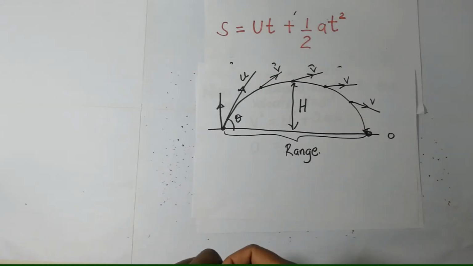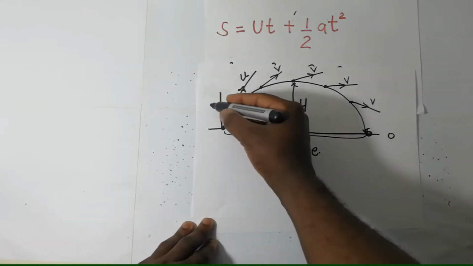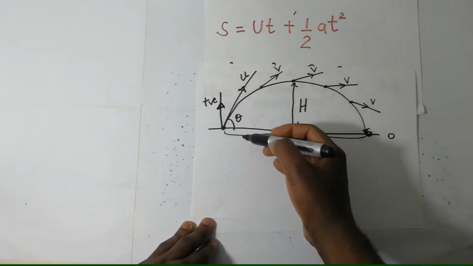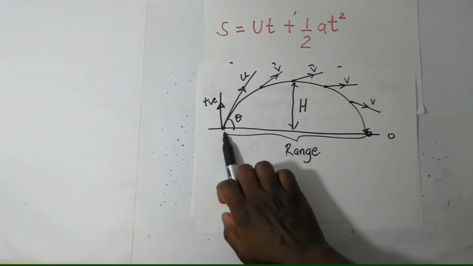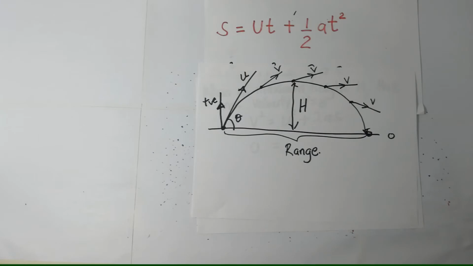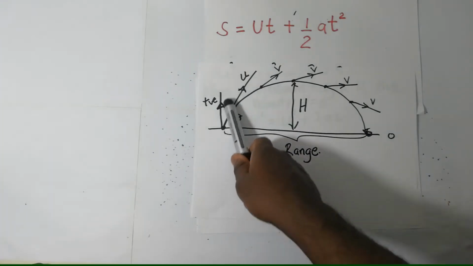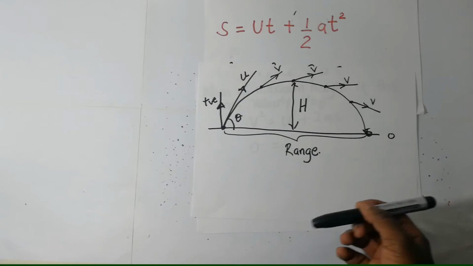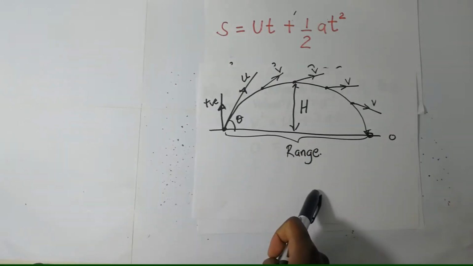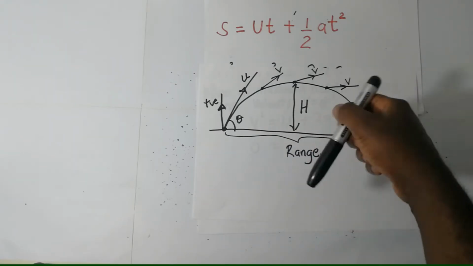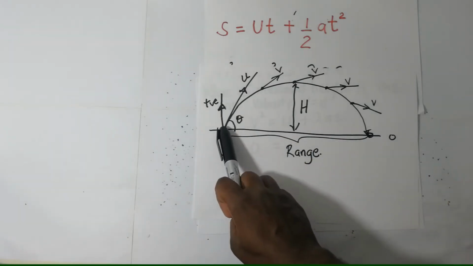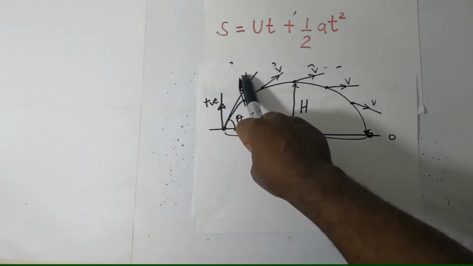The convention here is that everything going up is positive. So if this velocity is moving upwards, it is a positive velocity. Remember, velocity is a vector quantity. If we ever deal with a projectile moving downwards, the velocity would be downwards, but we shall come to that in a later session. So when it's moving upwards, it's a positive velocity.